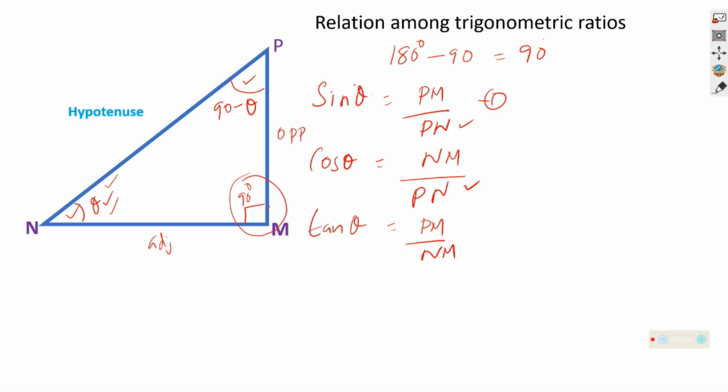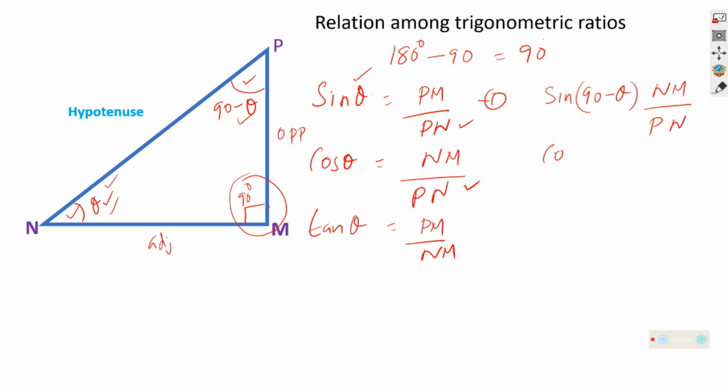When considering this other angle, if you consider the sine of the angle 90 minus theta, what is opposite here? The opposite side is Nm upon the hypotenuse, which is the same, because it is opposite of the right angle, naturally Pn.